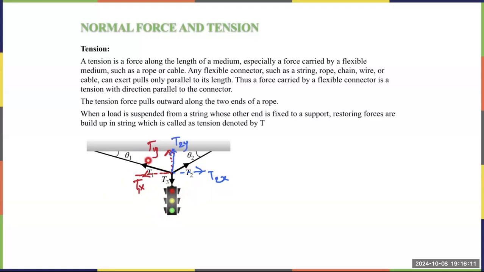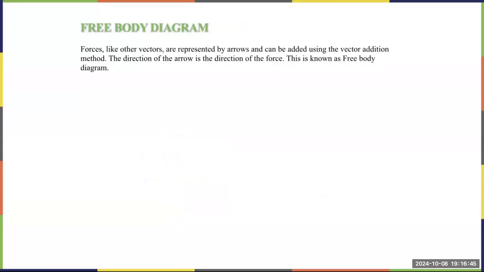Both tensions, due to the string T1 and due to the string T2, are acting in the upward direction, so they add up, and this summation will balance the force acting downward due to gravity. So T1y plus T2y will be equal to T3, which is mg, right?